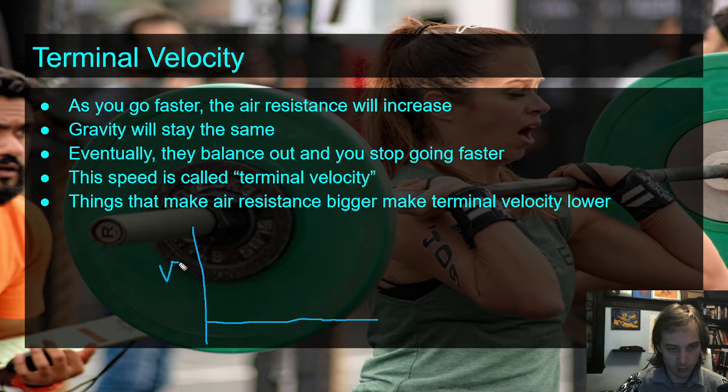Sorry. If you look at a graph of your velocity versus time, that's the one that I was actually going for. You'll get something like this, where it's this curve where your acceleration decreases and decreases the closer you get to terminal velocity, and you'll sort of asymptotically approach that terminal velocity.